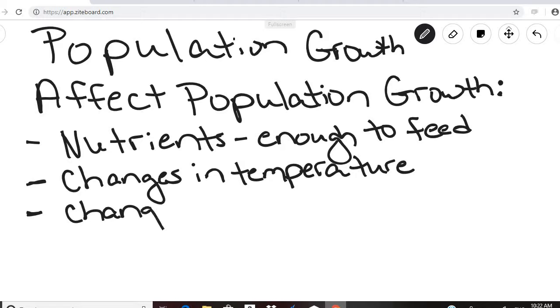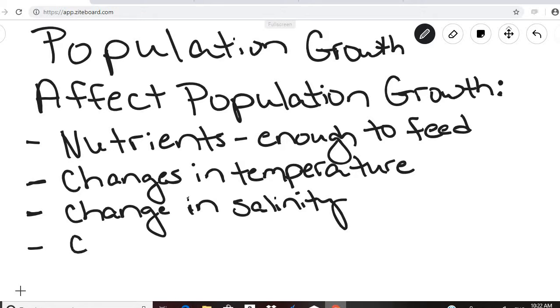Specifically in a marine environment, we are interested in changes in salinity. So anything that leads to changes in salinity could affect the ability of a population to grow.